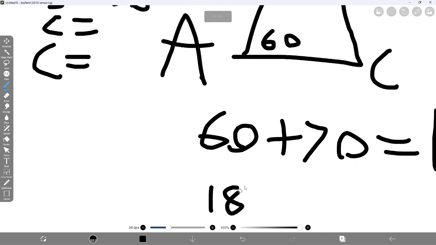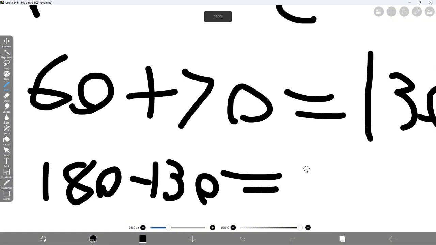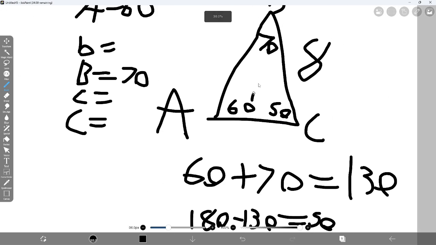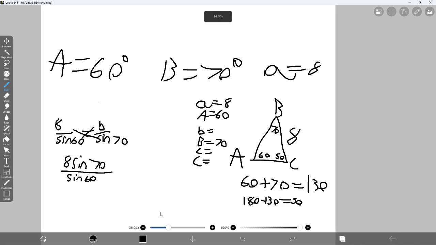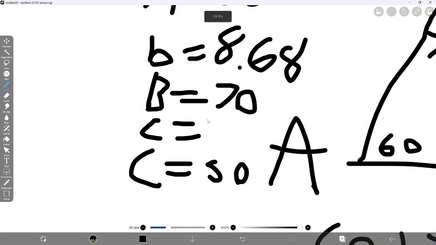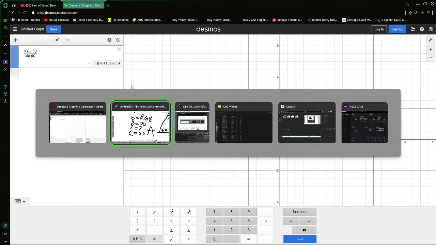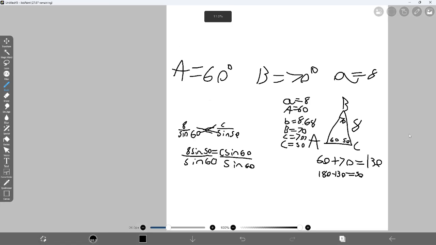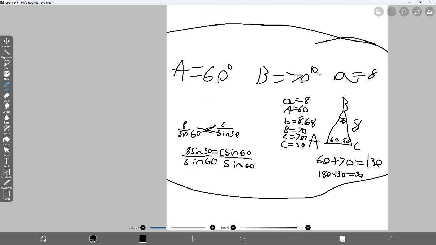Then you take 180 minus 130 equals 50. This 50 is how we get our C. So then all of these should equal 180, which is just like another triangle in the triangle section. So once we have that, we now know c, which is 8 point, no wait, sorry, it's 7.07. And then there, we have our answer all here.